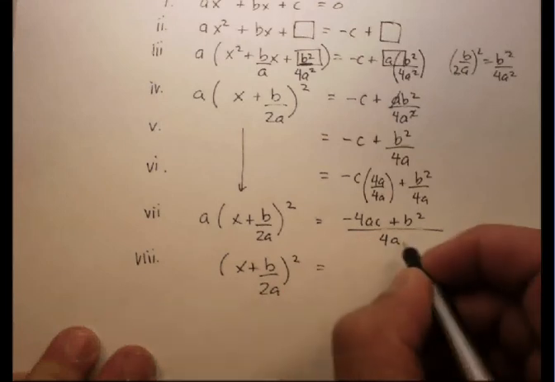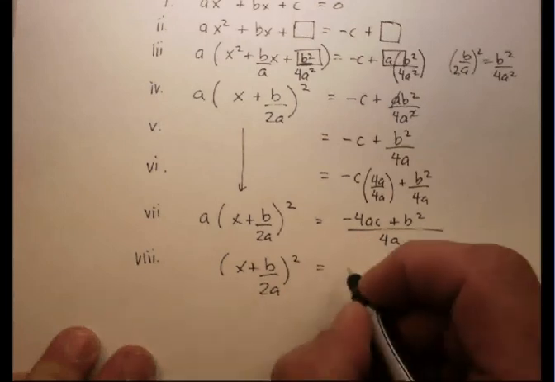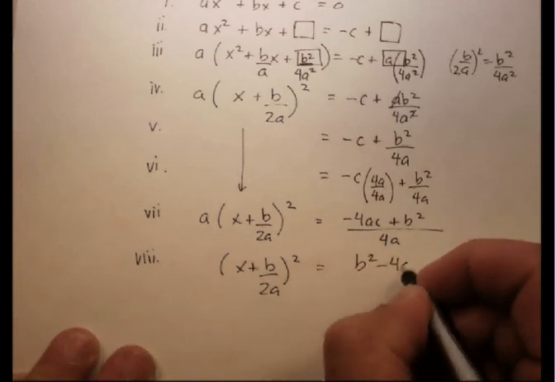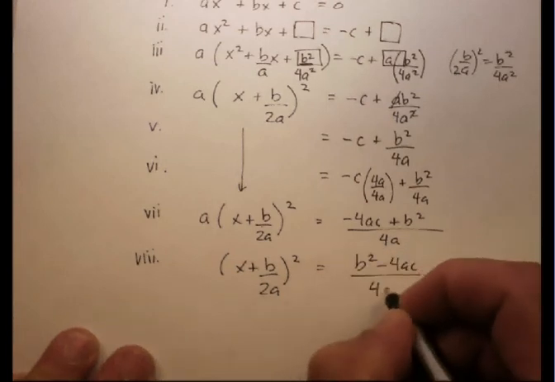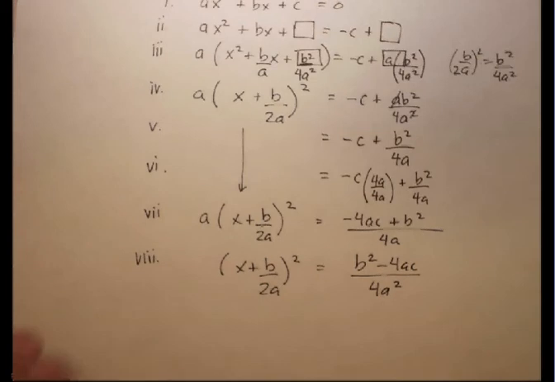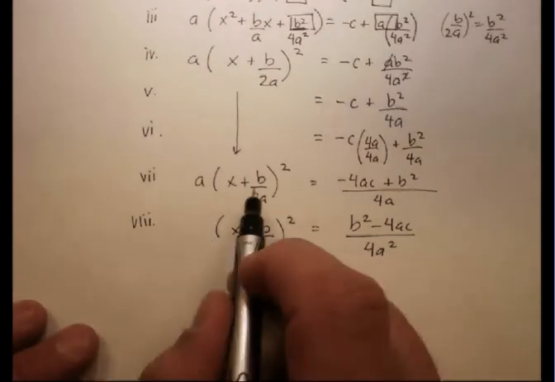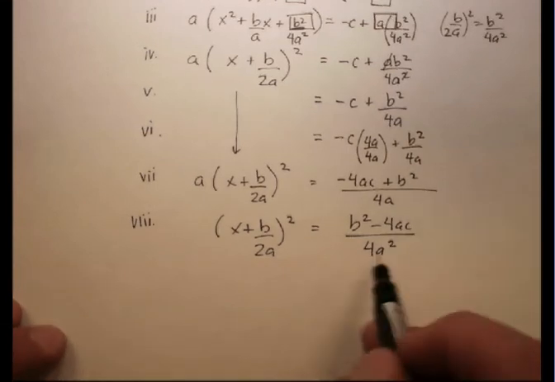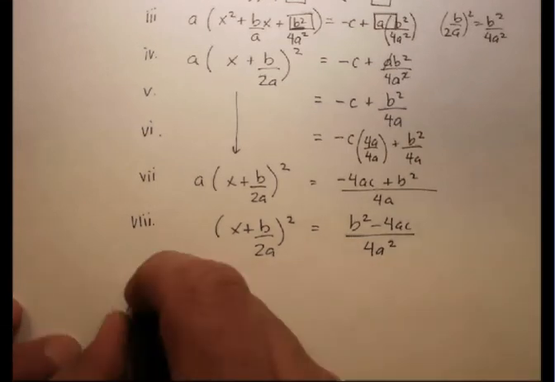If I divide this by a, it's just like multiplying by 1 over a, so I get this. And let's rearrange the top. Okay? Take a look at that again, make sure you did that. If I'm dividing by a, that goes away here. It's like multiplying by 1 over a, so that just makes that a square.